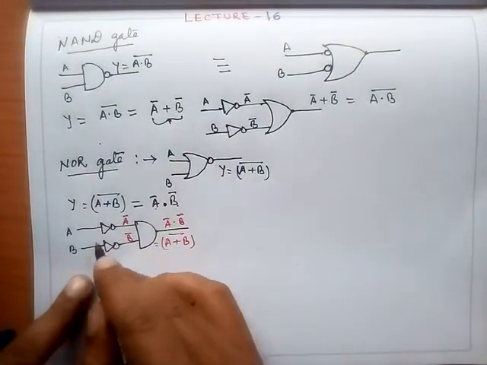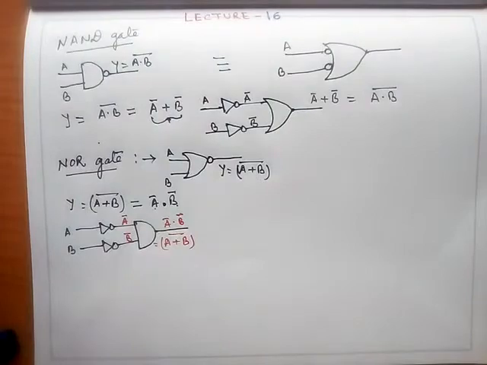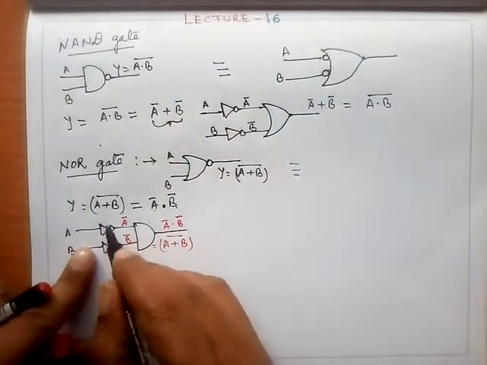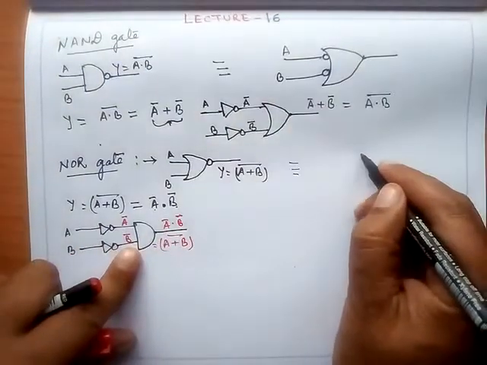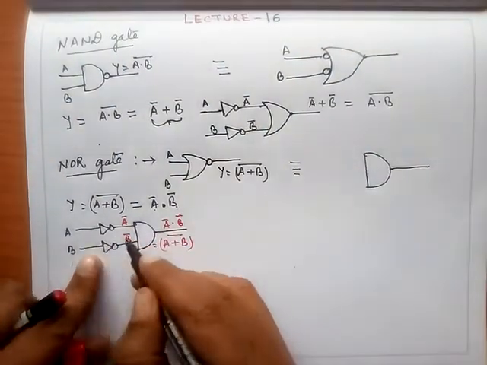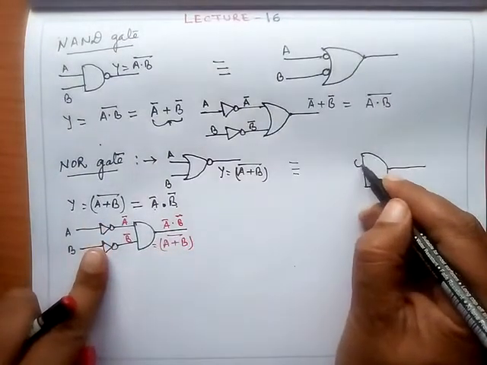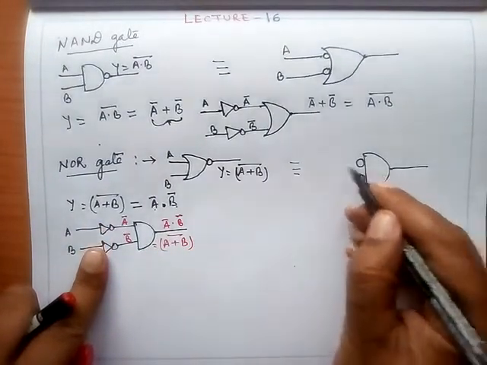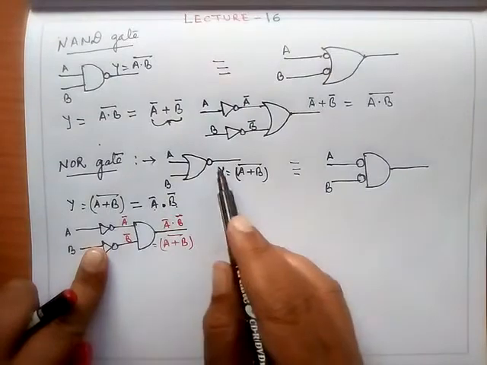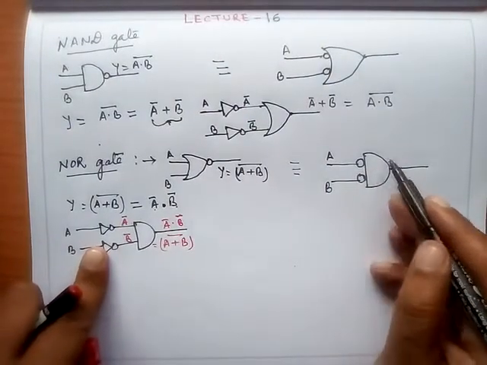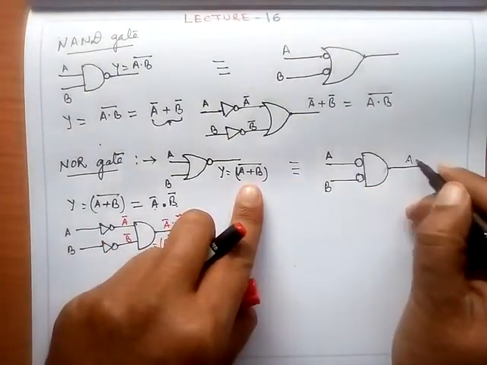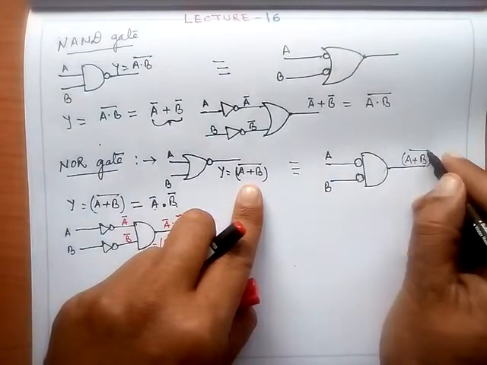So this is also representing a NOR gate, or equivalently I can represent this as, instead of showing the complete NOT gate, you have an AND gate here, and instead of the complete NOT gate I show only the two bubbles of the NOT gate, where you have these two inputs A and B. So this NOR gate can also be represented as a bubbled AND gate, and this output is A plus B whole complement, which is nothing but simply a NOR gate.